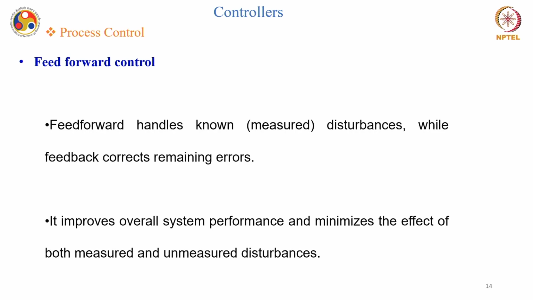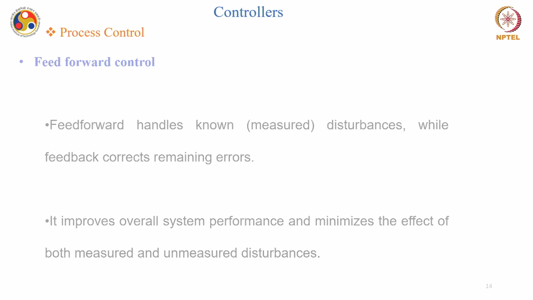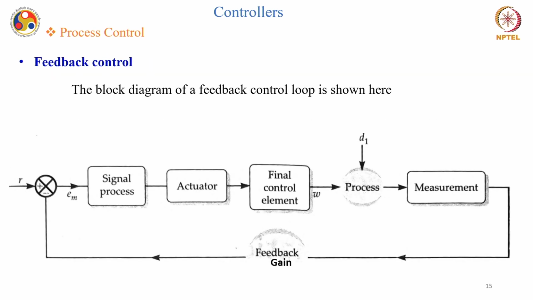Feed forward systems handle known disturbances where the disturbances are already measured, while feedback corrects any other remaining errors. So it improves overall system performance and minimizes the effect of both measured and unmeasured disturbances, particularly when you use it in conjunction with the feedback control system.